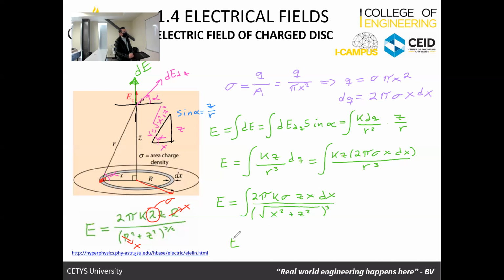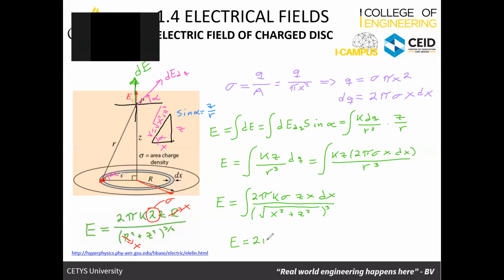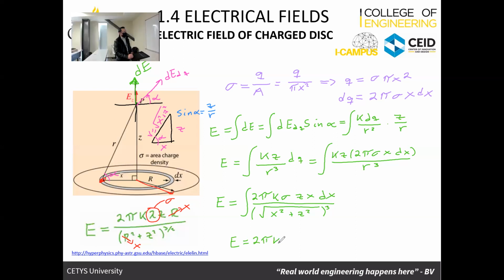And lastly, what are the things that are constant that I can remove from the integral? 2 pi k sigma, and actually z.